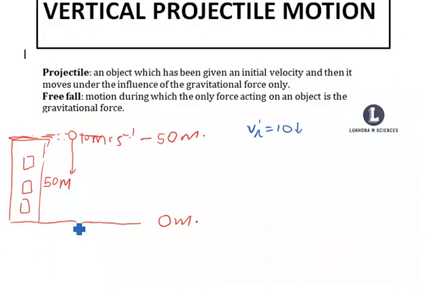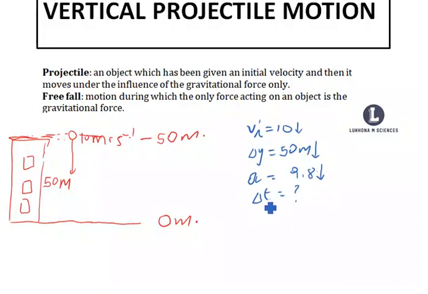Then we have the height, dy, which is 50 meters and is below the starting point, which means downwards. Then we also have the acceleration, which is 9,8 meters per square second downwards. Then we are looking for delta t.